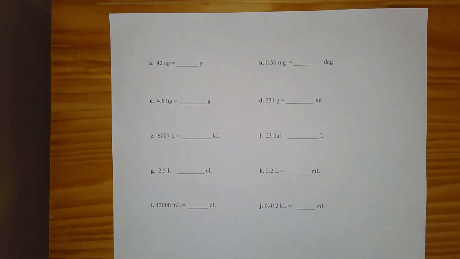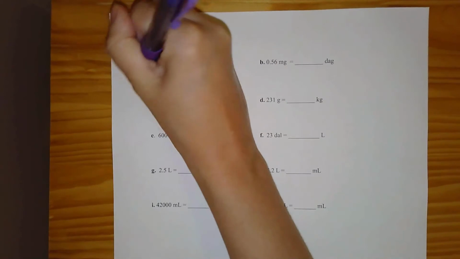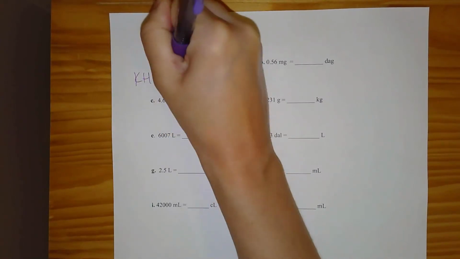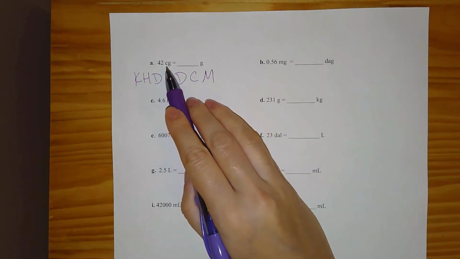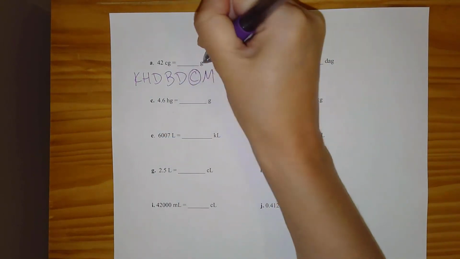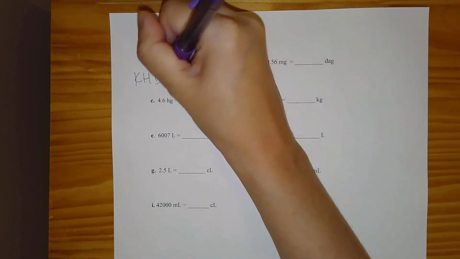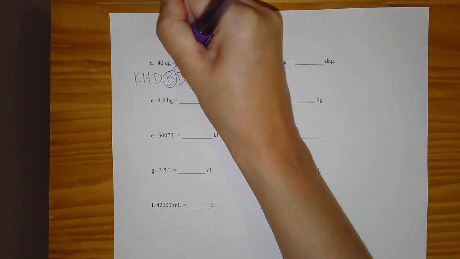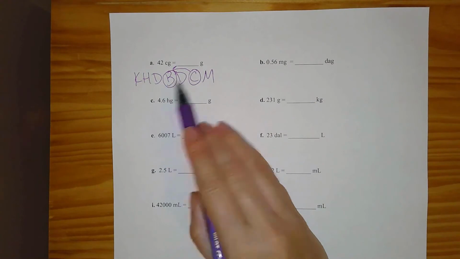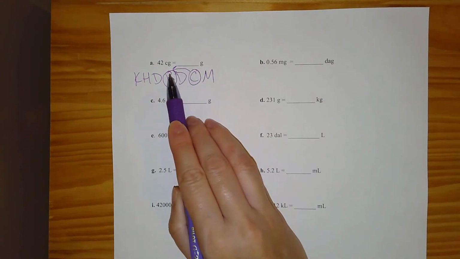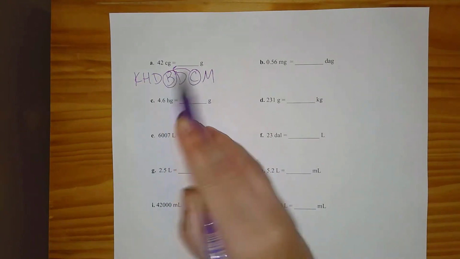So we're going to start out with King Henry died by drinking chocolate milk. In the first one, I'm going from centigrams, that's the C, to just regular grams, that's my base unit. I'm drawing an arrow because I'm going from the centigrams to the base unit. That means I'm going to the left 1, 2 spaces.